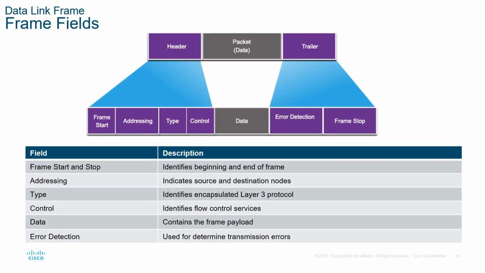In general, a header has a start portion, an addressing portion, a type, and a control portion. The type will identify the layer 3 protocol. So typically it will be an IP packet. Doesn't have to be, but that's one of the most common. The control will be the overall flow control. The data being, again, the packet. And the trailer will consist of the error detection portion and a frame stop.